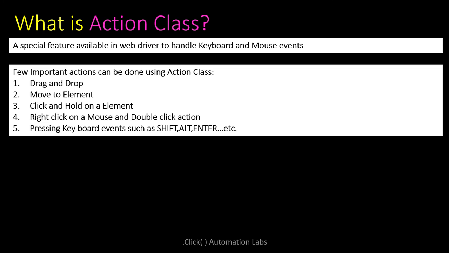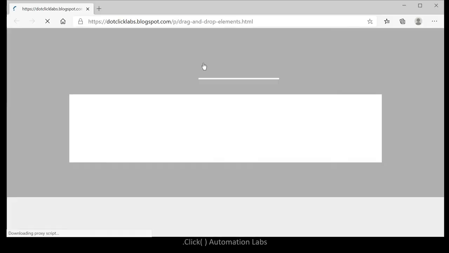One is drag and drop and move to element, click and hold on an element, right click on a mouse, and double click on any button or any web element, and pressing keyboard events such as shift, alt, enter, etc.